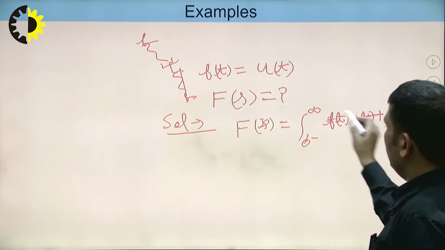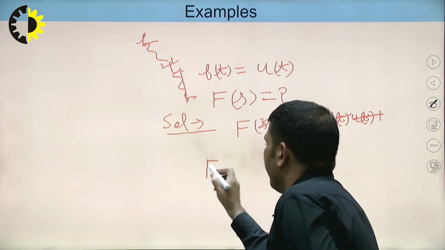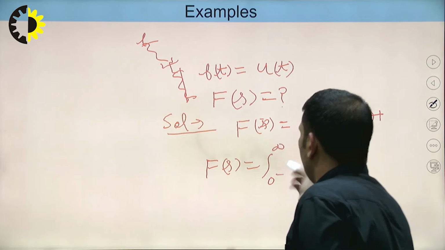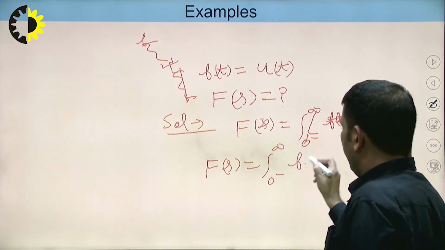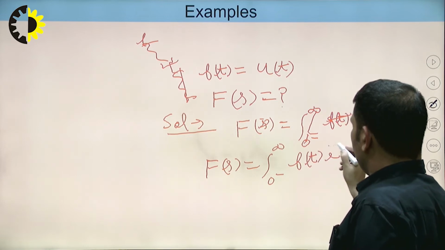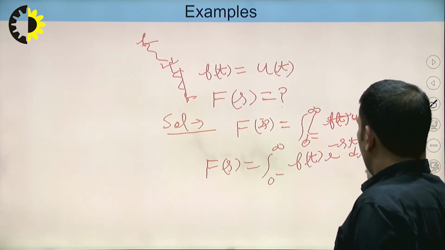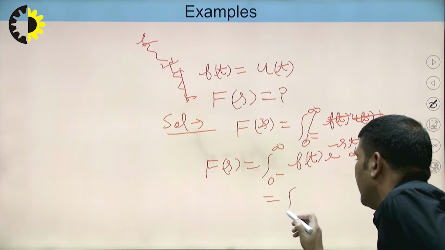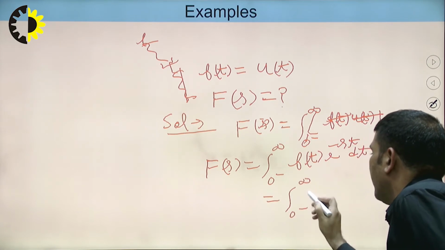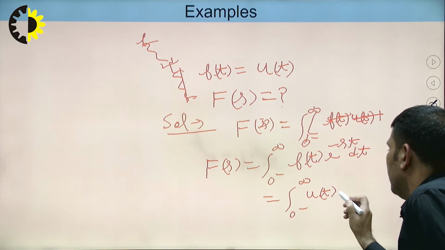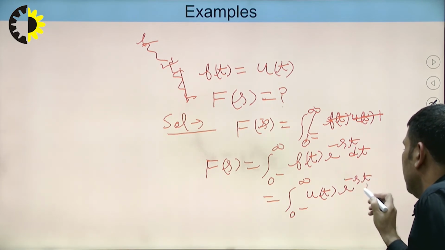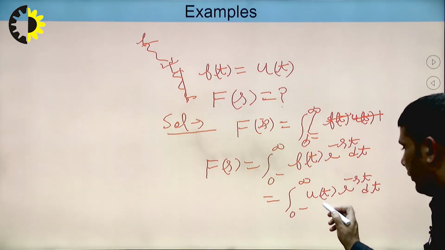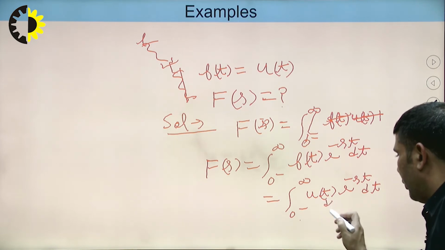Just wait a minute. Fs is equal to integration from 0 to infinite, 0 minus to infinite, you can say, ft e raised to power minus st dt. Okay. So here ft, in our case, will be ut. So that will become ut e raised to power minus st dt. If you solve it out, then ut will become 1, as we know, from the 0 to infinite limit.